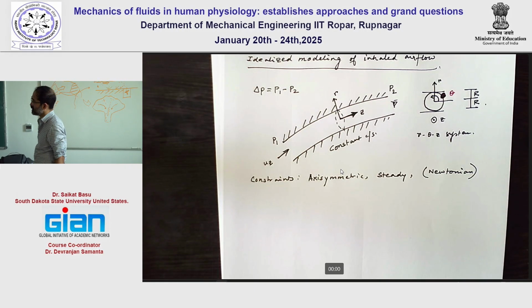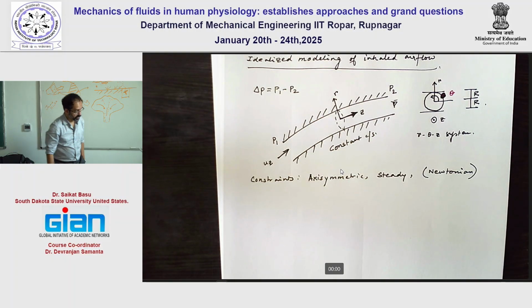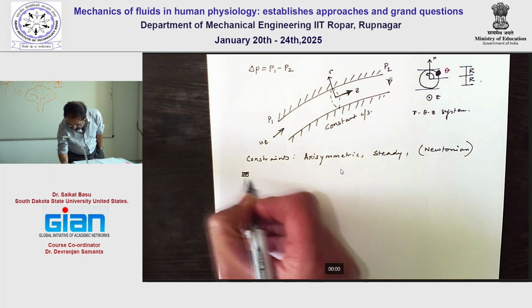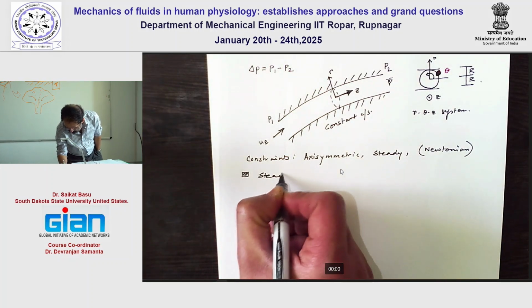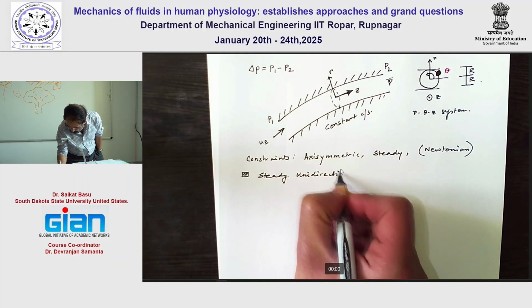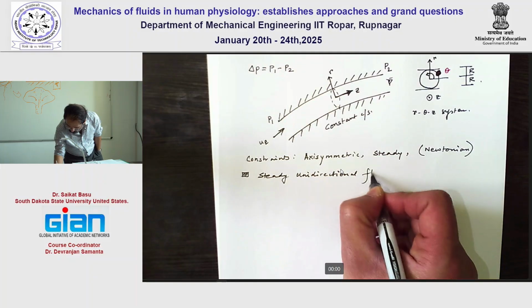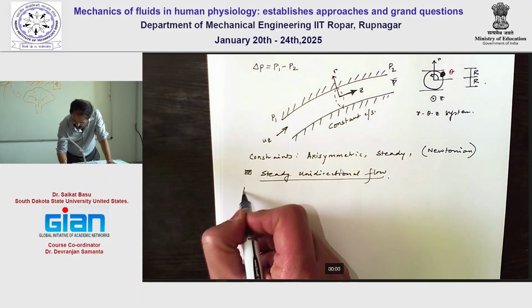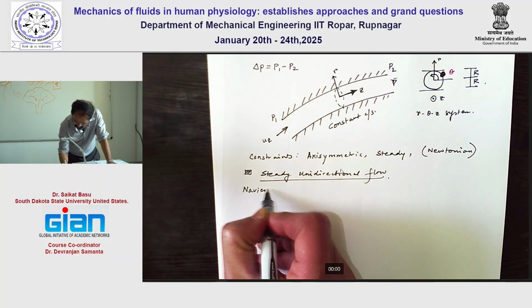And with blood, you have the problem that it is probably not Newtonian in certain scales. So I want to make sure that this is Newtonian in nature, axisymmetric and steady. So with this, we have a steady unidirectional flow, and let's now invoke the Navier-Stokes equation.